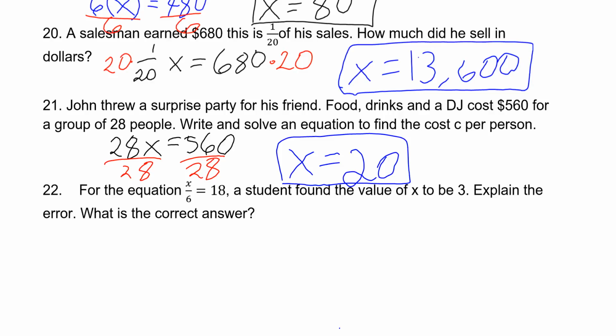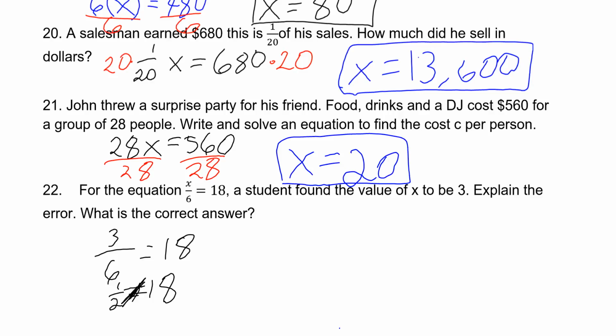So just for visual proof that this doesn't work, we plug in 3 for x and see what happens. So whenever we do that, we wind up with 1/2 equaling 18. And we all know that doesn't work. So we've got to figure out what he did wrong.